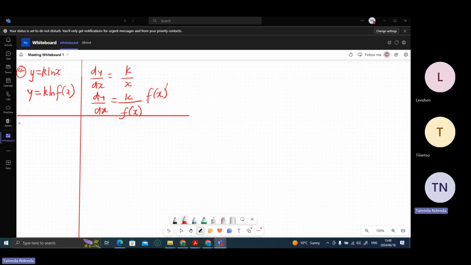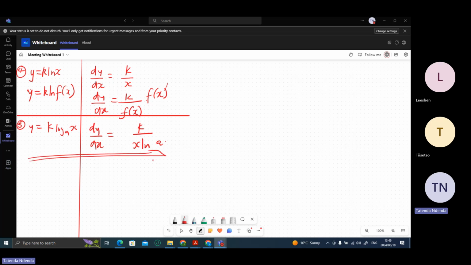Number 5. If y is equal to k log ax, this one becomes dy over dx is equal to k over x ln of a.